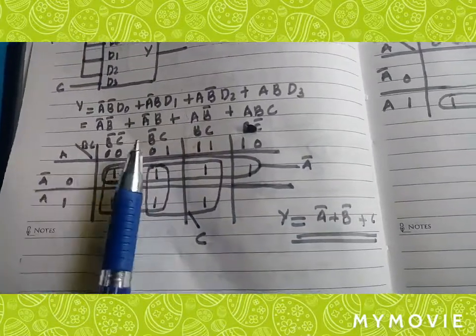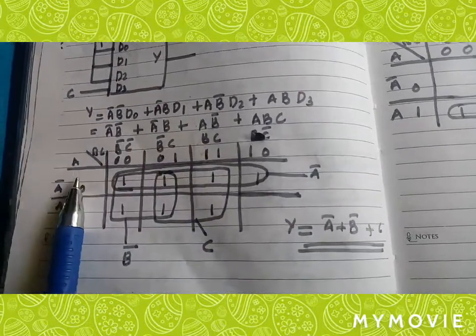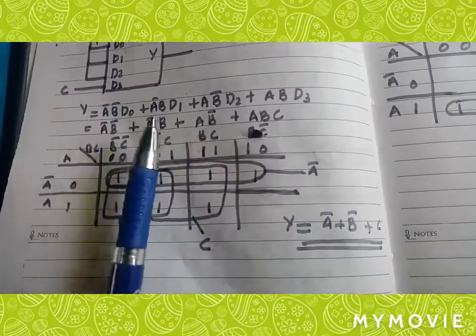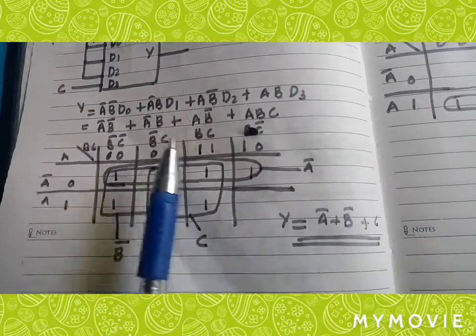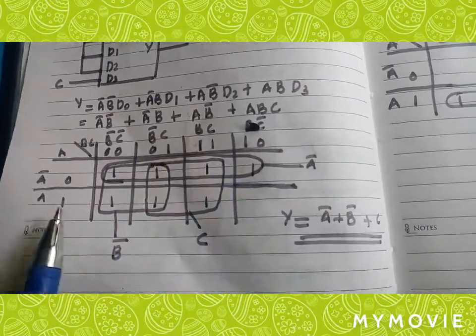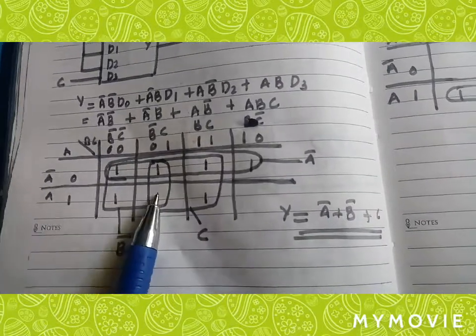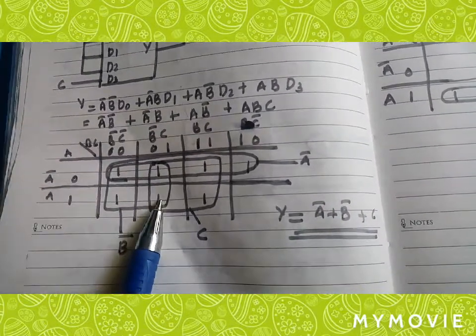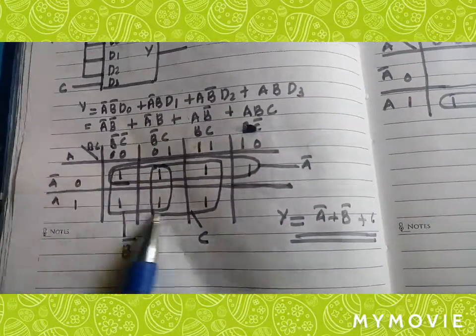So A bar B bar is present in this term, here also, and A bar B is present here and here, and A B bar is present in this term, and also here, and ABC is present here.